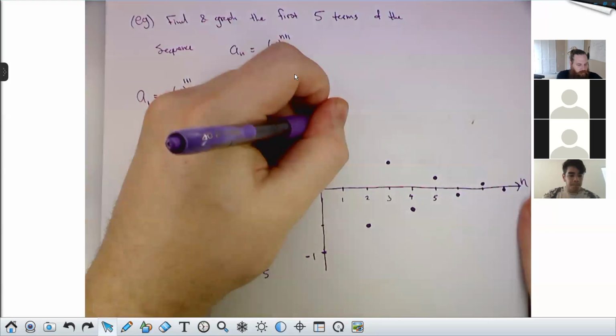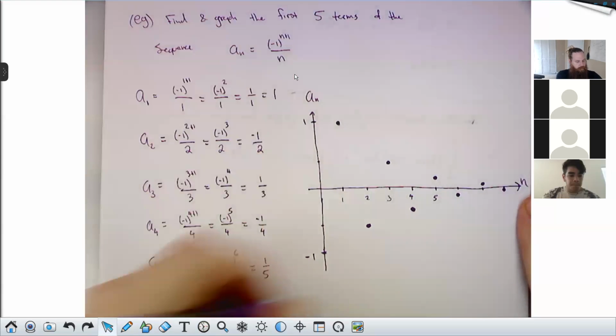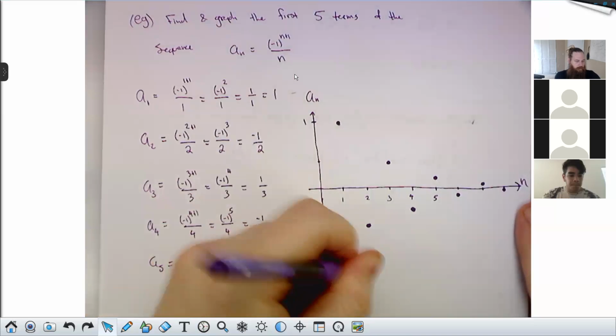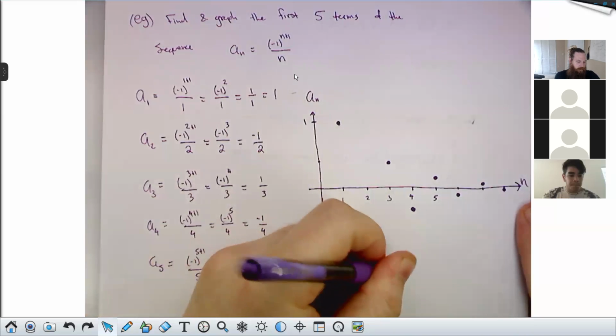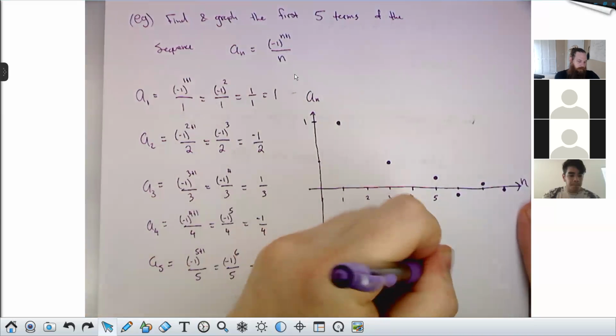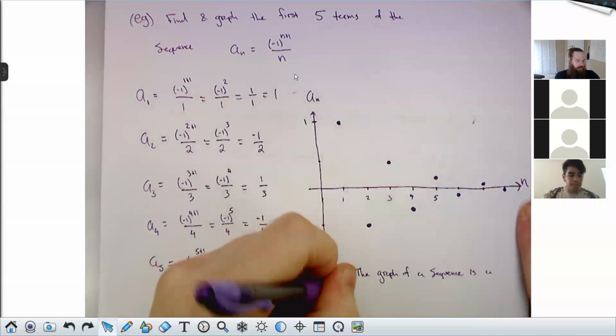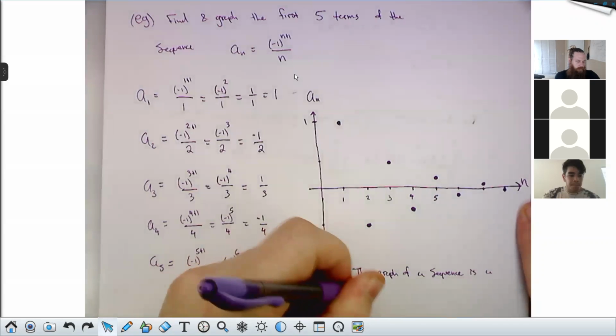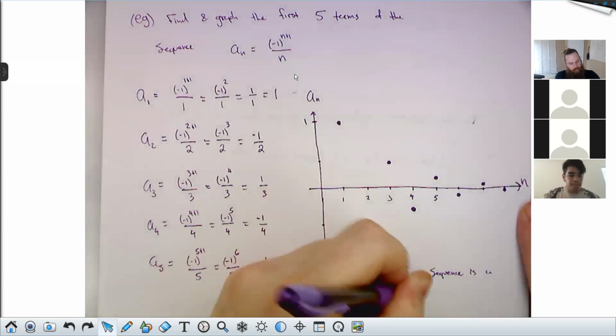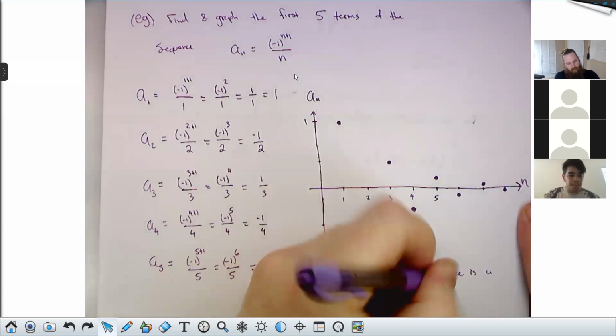It's just a collection of dots, or points.